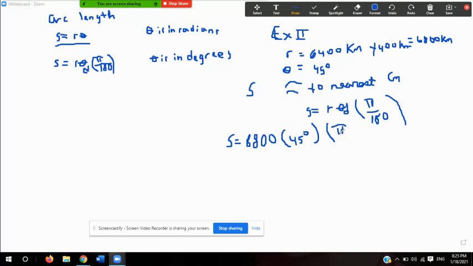So what I would do is first multiply 45 times pi over 180 and have that angle given to us in radians. So this would be 45 pi over 180. And we bring down the 6,800.